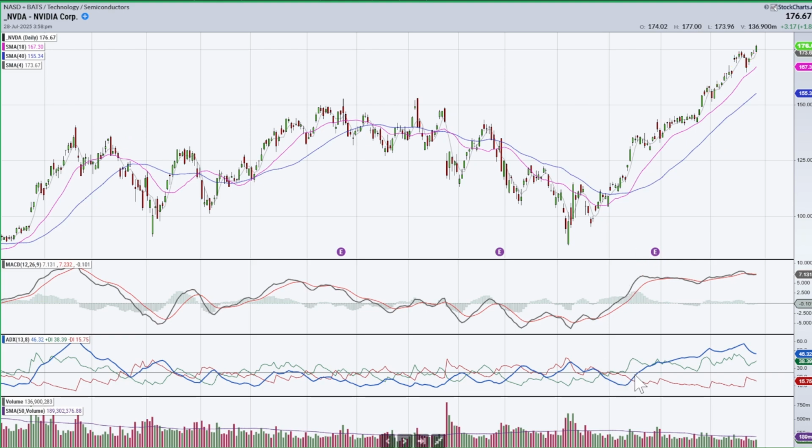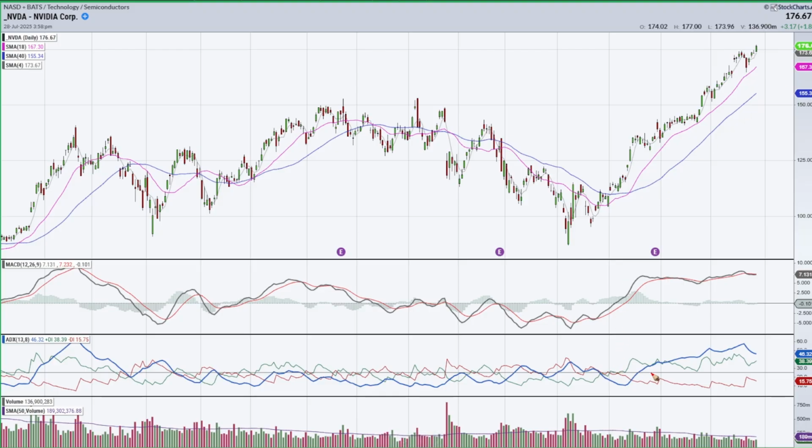This indicator, when it gets above 25, is essentially telling you that there's a very high, or at least an increased, probability that the 18 is going to be respected on a pullback. Now we have to be careful when it gets above 50 or 60, because then we could go through a more complex correction.